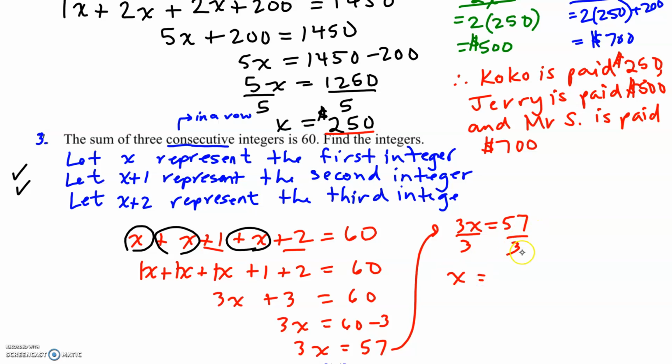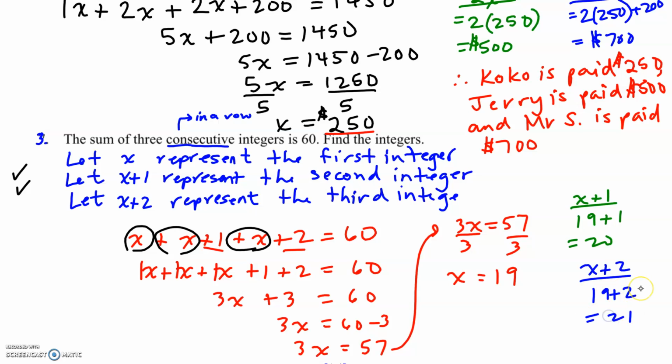So x equals, 3 goes into 57 19 times. So I know my first integer. My second integer is x plus 1, so that would be 19 plus 1, which is 20. And my third integer is x plus 2, which would be 19 plus 2, which is 21. And there's my 3 integers.